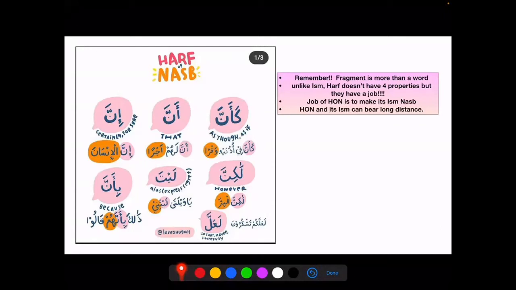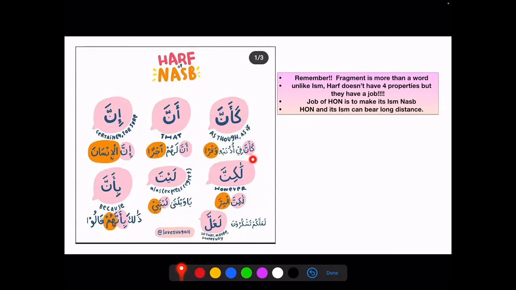Then we have ka'anna. Ka'anna means as though, or as if. So ka'anna, as if, fi uzunayhi. So uzunun is basically ears, and uzunayhi, in both of his ears, waqra. So ka'anna is harfu nasab, right? Fi uzuni, can it be the victim of ka'anna?